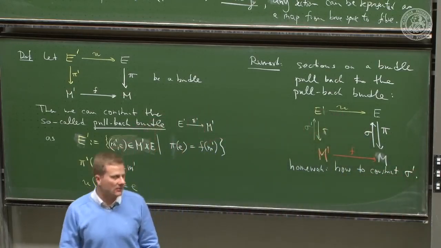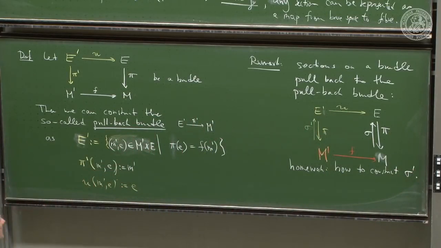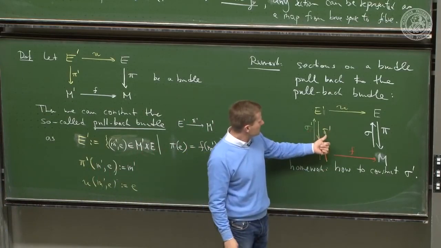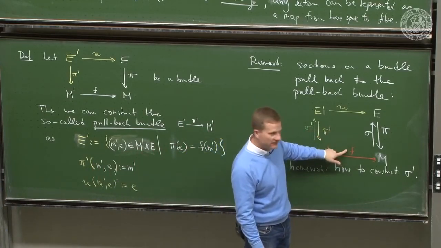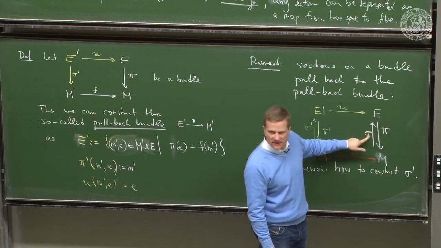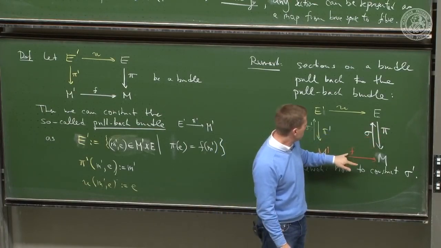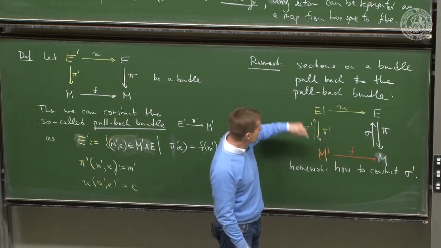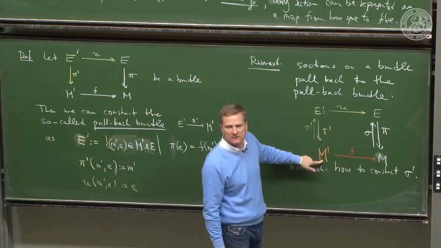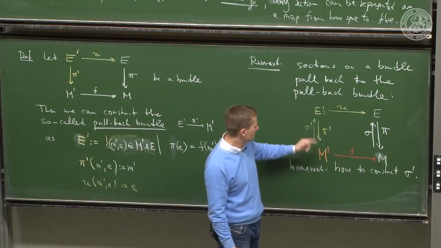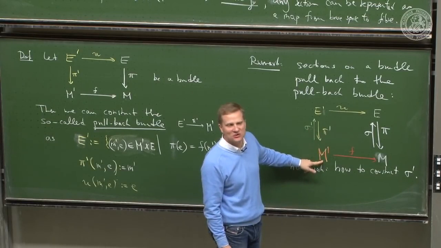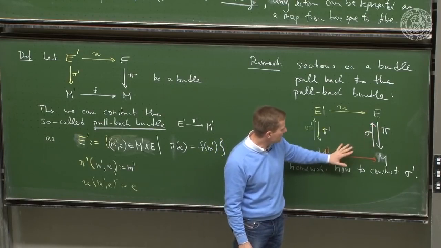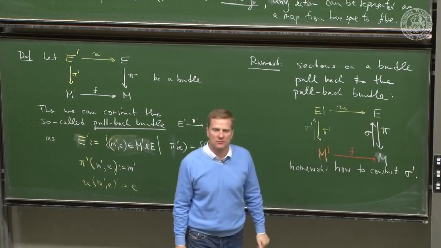But if you look at this diagram and you look at the data you have, obviously what you need to do, sorry, there's a prime missing here, you need to construct from the F and this sigma and this pi a map sigma prime from M prime to E prime such that pi prime after sigma prime takes you back to the identity. It's not difficult. There's actually only one possibility how you can construct from the given data this sigma prime.